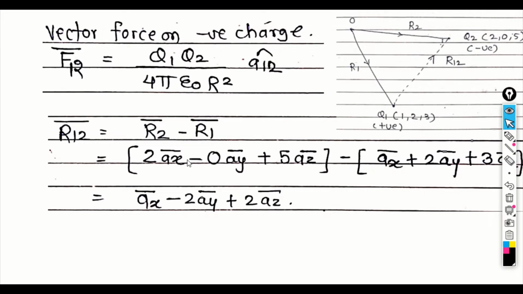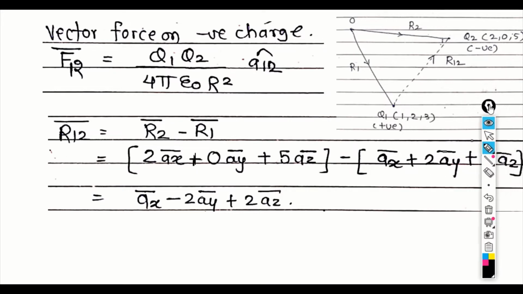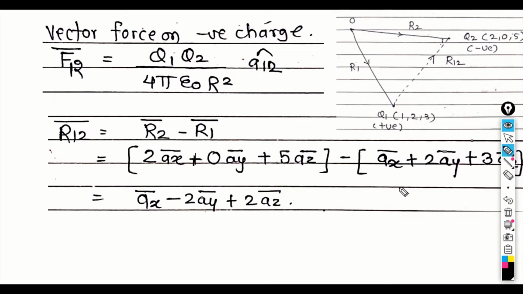How to write R2? R2 will be 2AX cap plus 0 AY cap plus 5 AZ cap minus, I have AX cap plus 2AY cap plus 3 AZ cap. How to write these vectors? Already we have discussed whenever we started with the prerequisites.